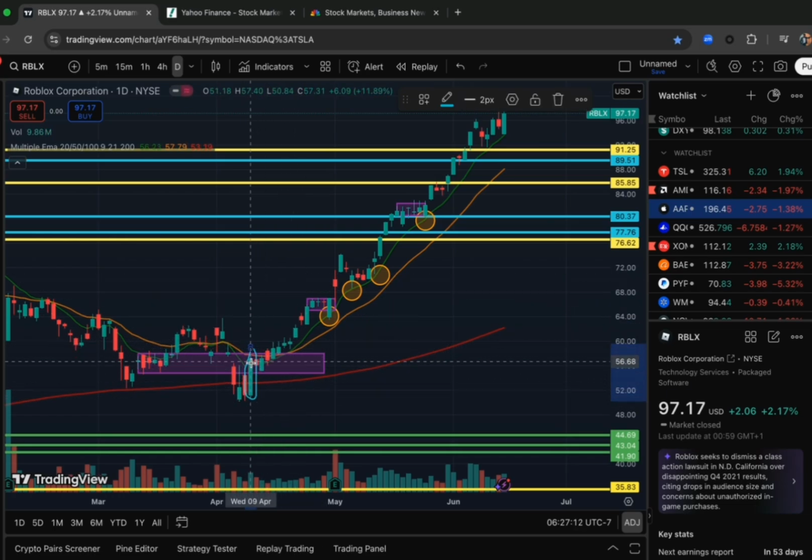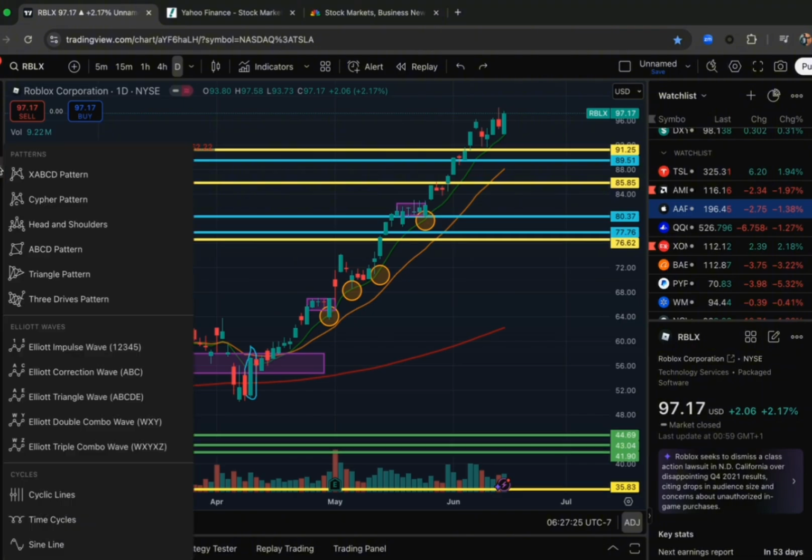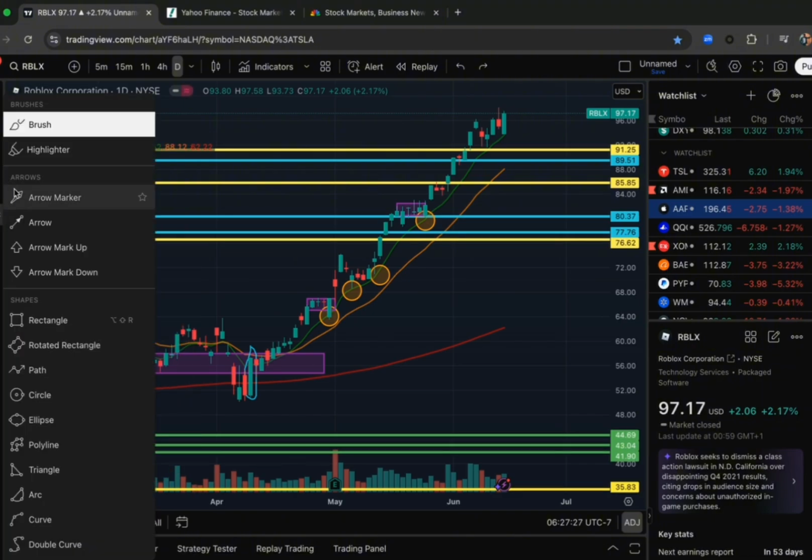So why have I gone all the way back to Wednesday, April 9th to highlight this strong green bar? First and foremost, what we're really trying to figure out here is, when does the trend change?